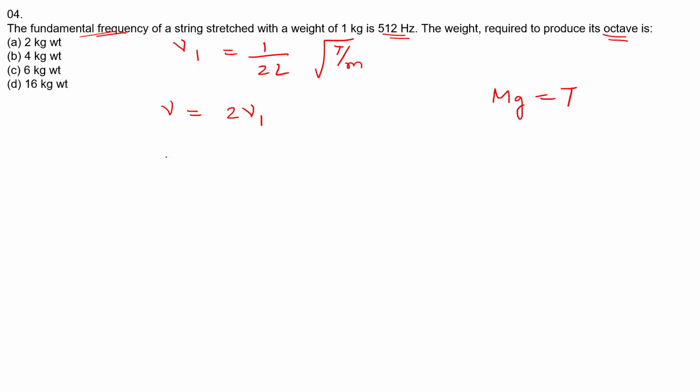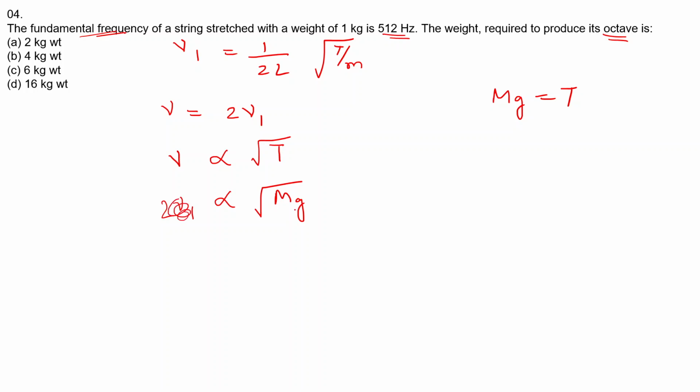We can clearly see that frequency is proportional to square root of tension. That means it's proportional to the weight that we are providing. So how will this frequency become double of 512 Hz?